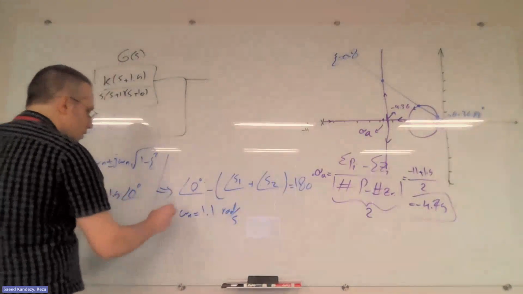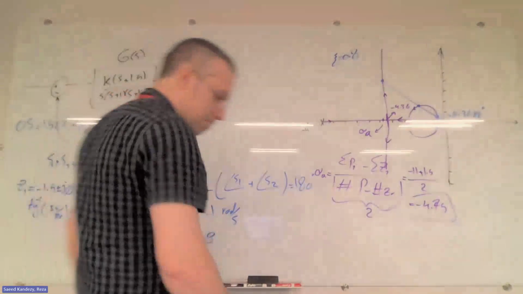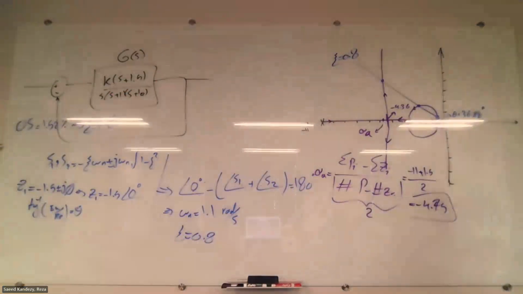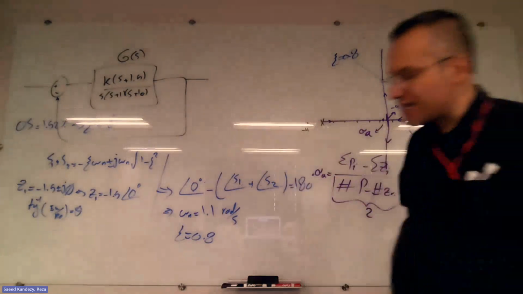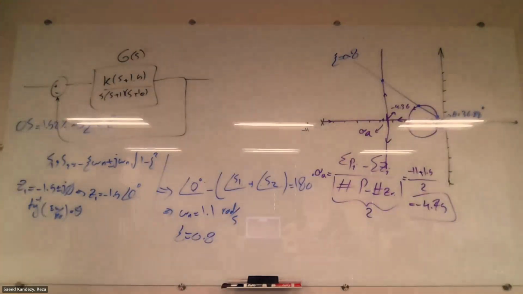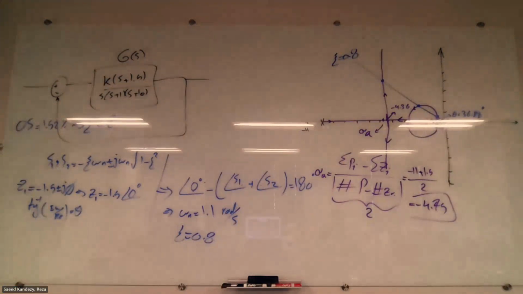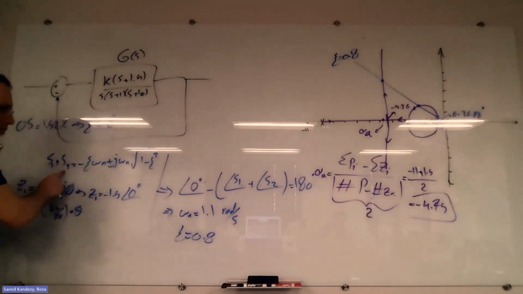So our psi we already know is 0.8, and based on the poles angular condition, we can find the omega n for that second order system. Are we good? Now we have our S's.